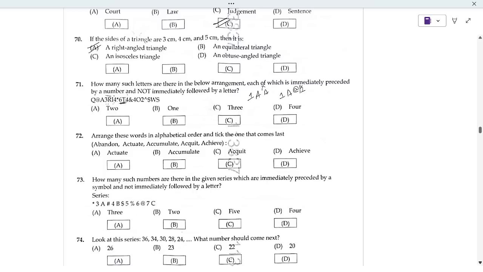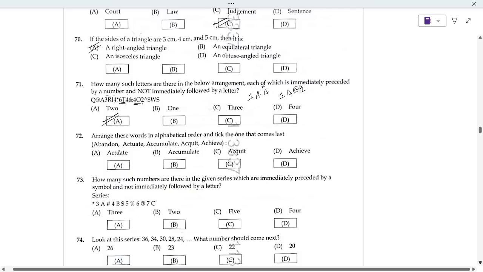Yes, we have one here. And then what else? Number, letter, and number. We have another one. So I think it's 2.